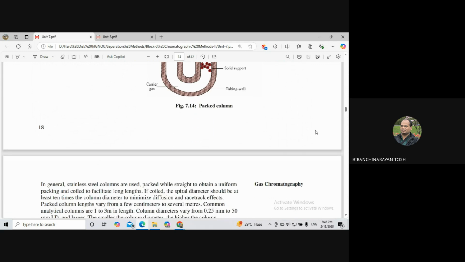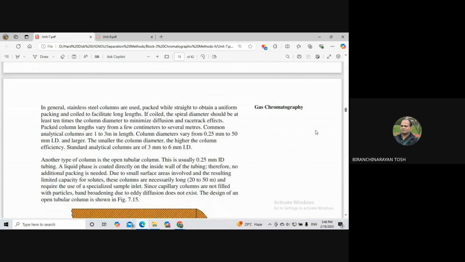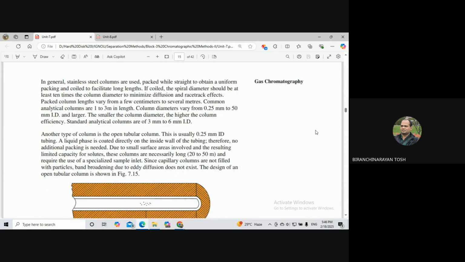Another type of column is the open tubular column, which is usually 0.25 millimeter internal diameter tubing. A liquid phase is coated directly on the inside wall of the tubing. Therefore no additional packing is needed, due to the small surface area involved and the resulting limited capacity for solutes.